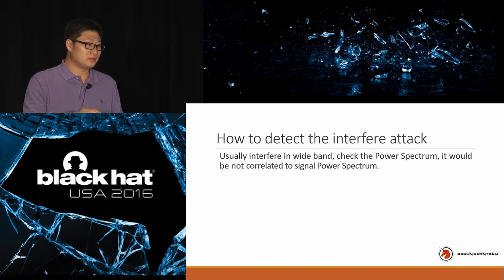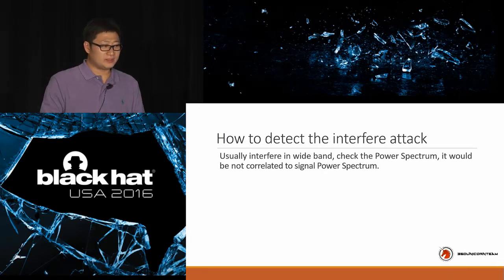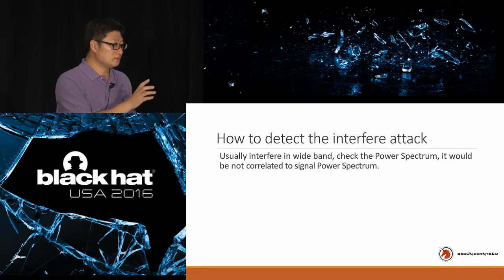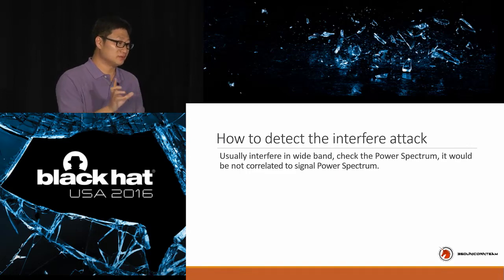For some more advanced attack methods, the attacker will transmit random data packets. It is a little more difficult, and we need to divide the data record into several pieces, and the length of each piece will be several times the symbol length.